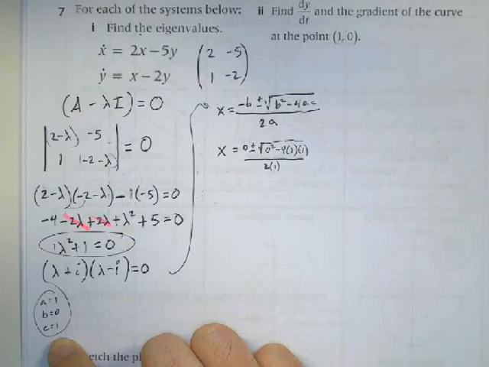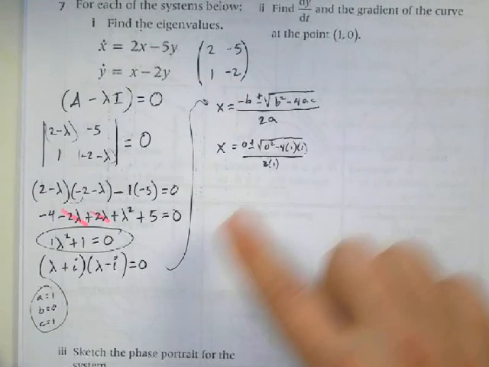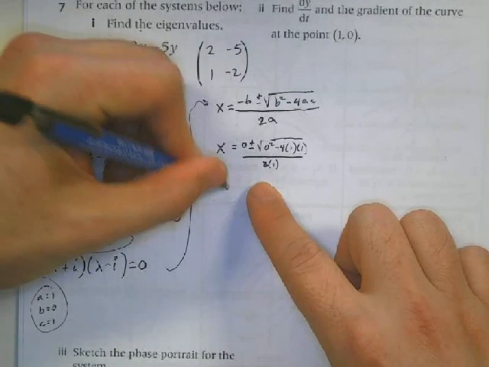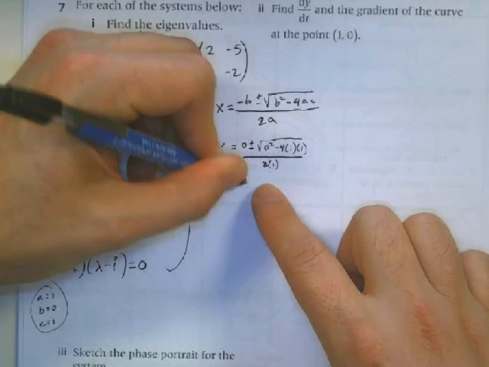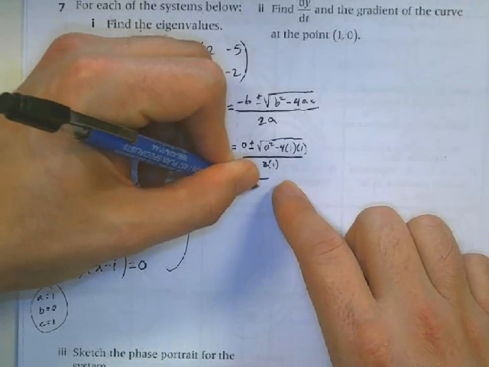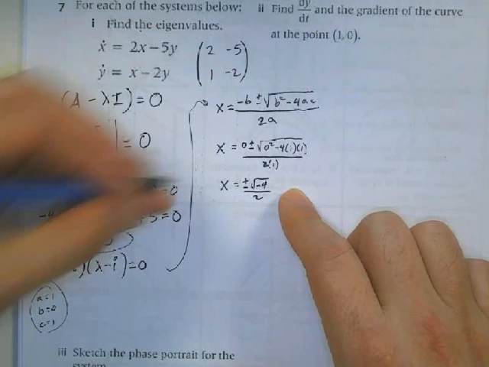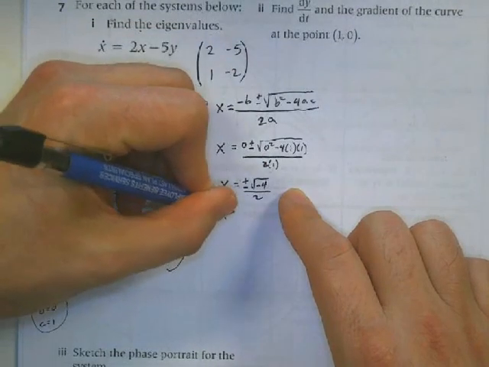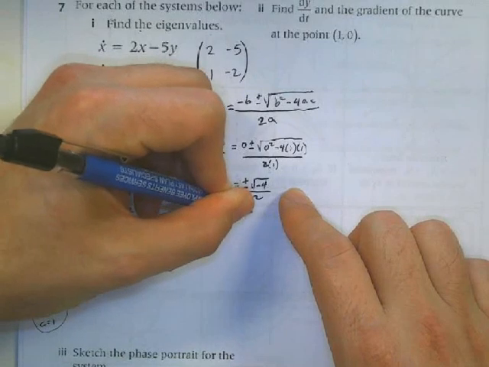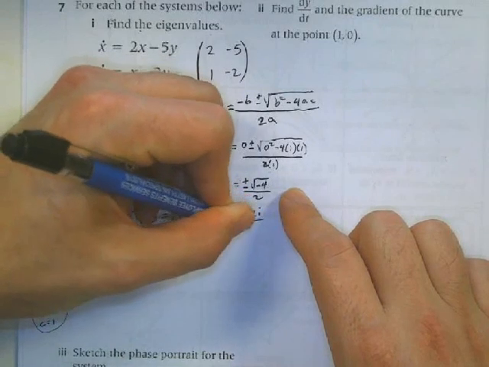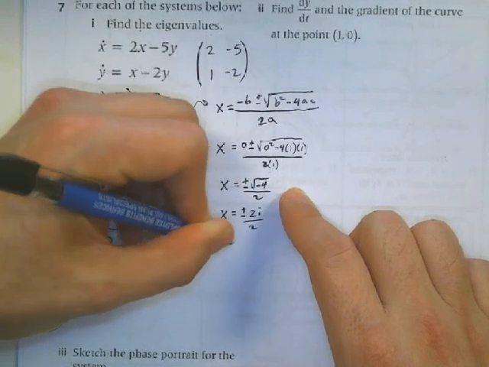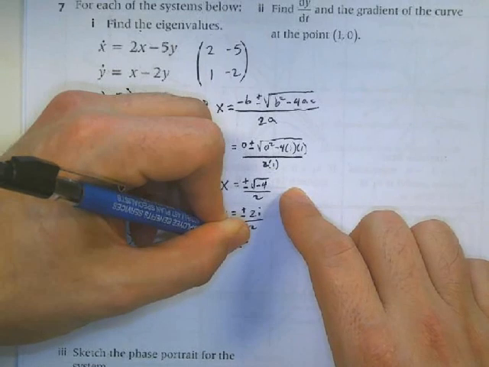Right? And hopefully you see this starts to simplify to plus or minus square root of -4 over 2, which ends up being x equals plus or minus 2i over 2. So x equals plus or minus i.